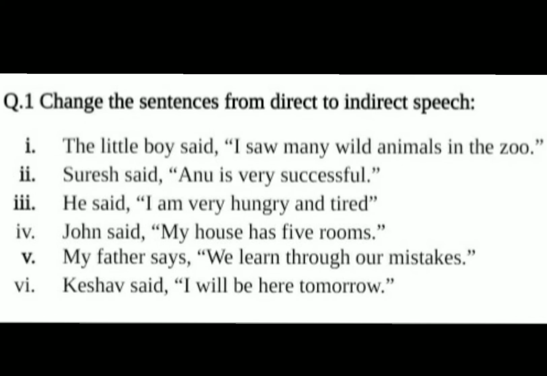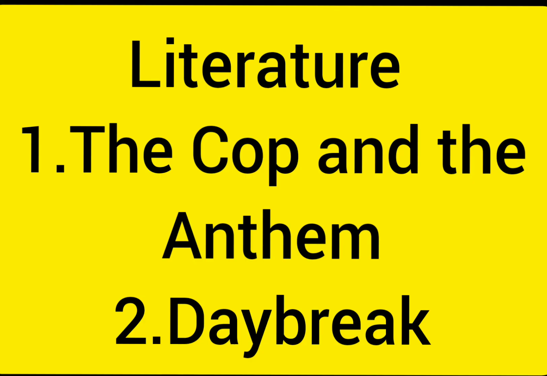So the correct sentence in indirect speech would be, Keshav said that he would be there the next day. I hope all the sentences are very clear and there is no confusion in the topic direct and indirect speech. Now let us move on to the literature part.